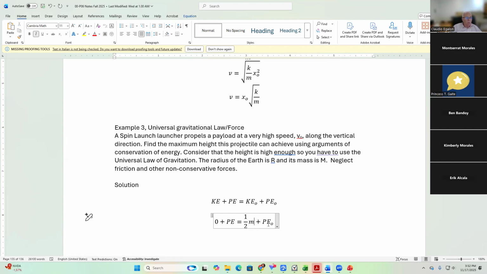A spin launch propels a payload. I gotta put payload of mass. Let's see, do we need a mass? No, we do not need the mass.